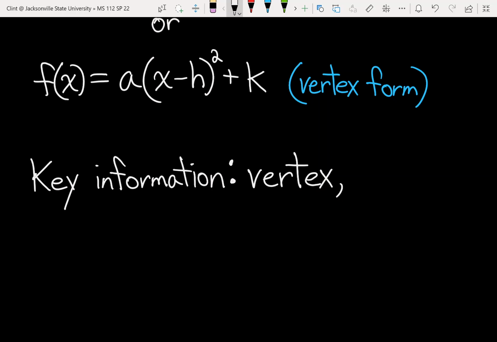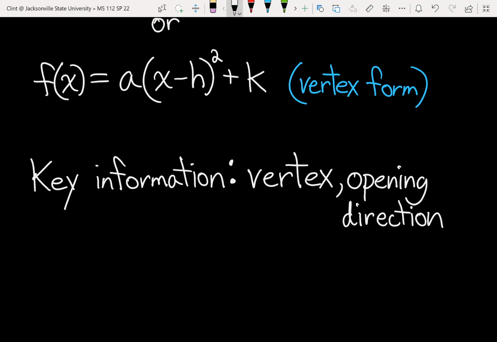And then we also want to know what I'm going to call its opening direction. With quadratics, they can look like a bowl that opens upward, or they could look like an umbrella that opens downward.